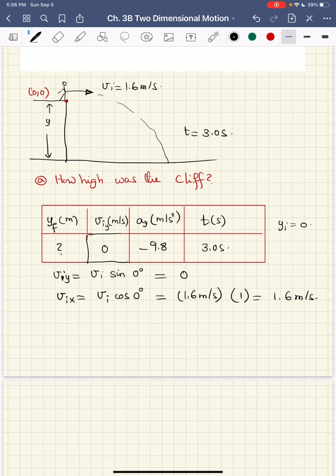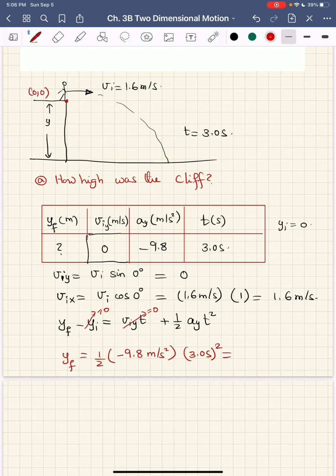Now, I know that y final minus yi, which is delta y, equals VIY t plus 1/2 ay t squared. And remember, we said we use yi to be 0, then y final is going to be also, VIY is 0, and that is going to be the easy case, this is -9.8 meters per second squared times t squared, and t is 3 seconds.